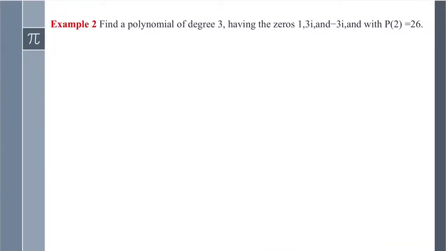So this question is asking us to find a polynomial of degree 3 having zeros 1, 3i, and negative 3i, and a condition is given that p of 2 equals 26.